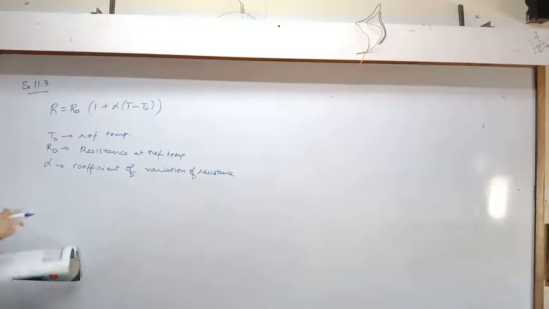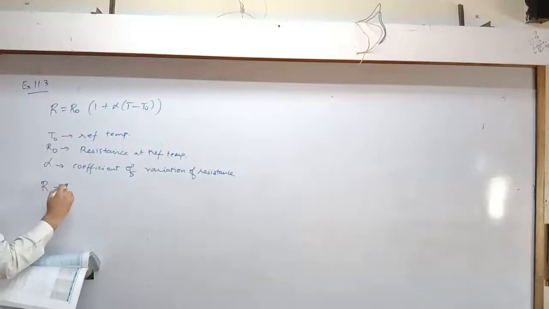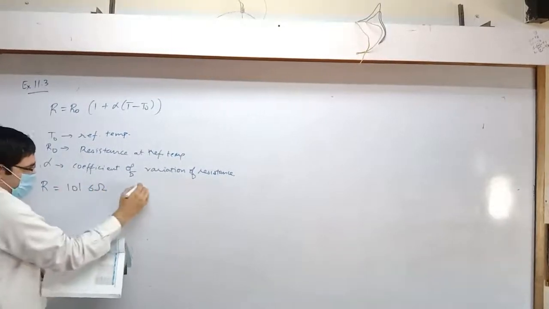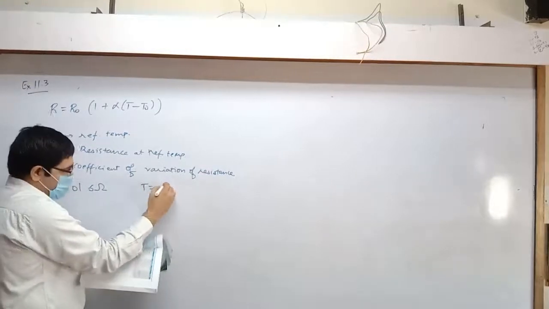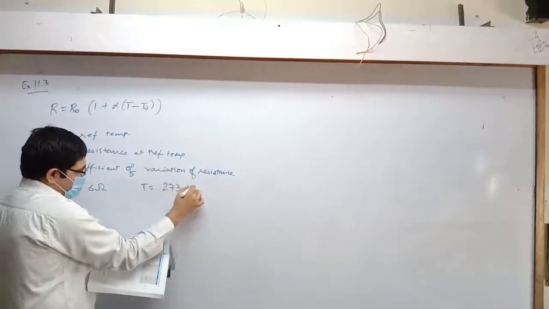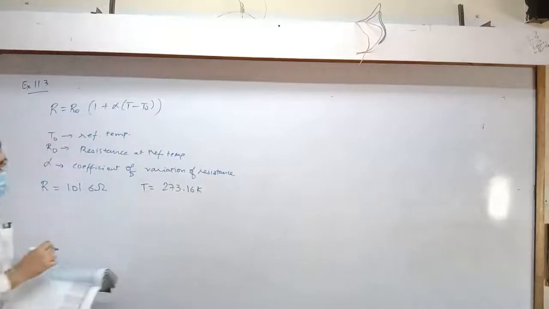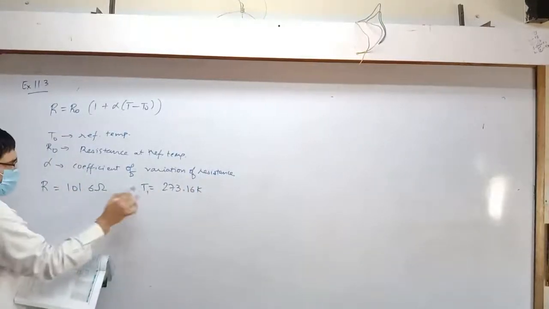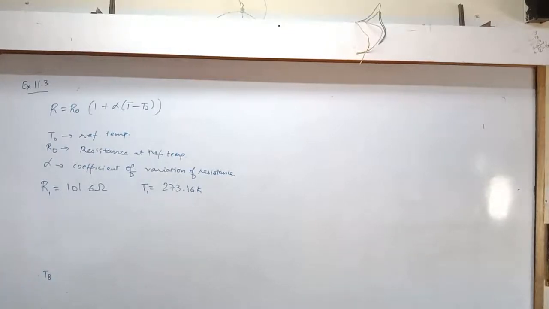101.6 ohm. Resistance is how much? 101.6. And triple point of water, which is temperature 273.16. So when T is that, R is this. You could call it T1 and R1, understood? Yeah.